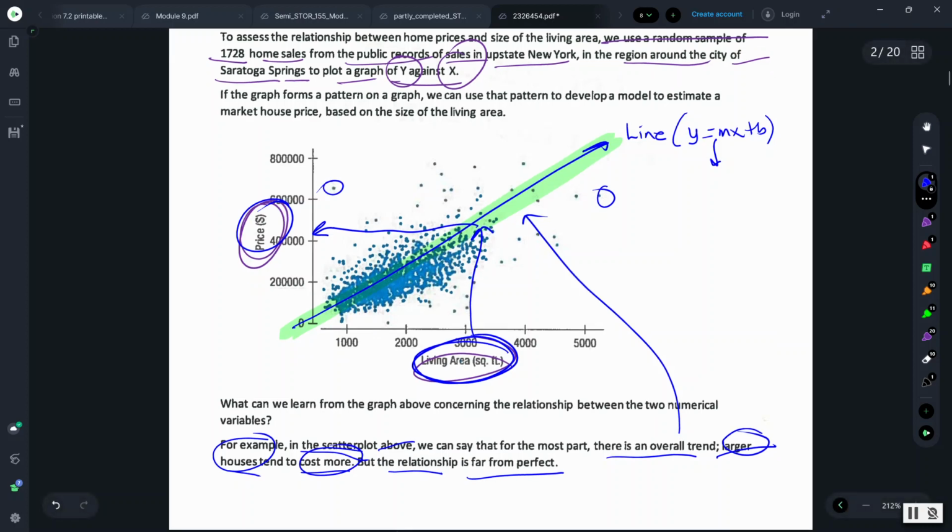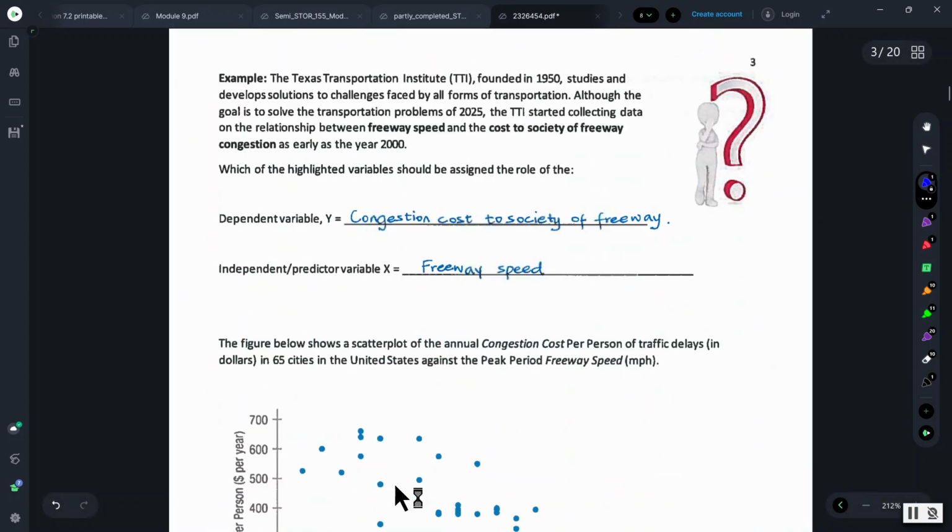Let us see another instance here. And on page 3, we're told that the Texas Transportation Institute, founded in 1950, studies and develops solutions to challenges faced by all forms of transportation.